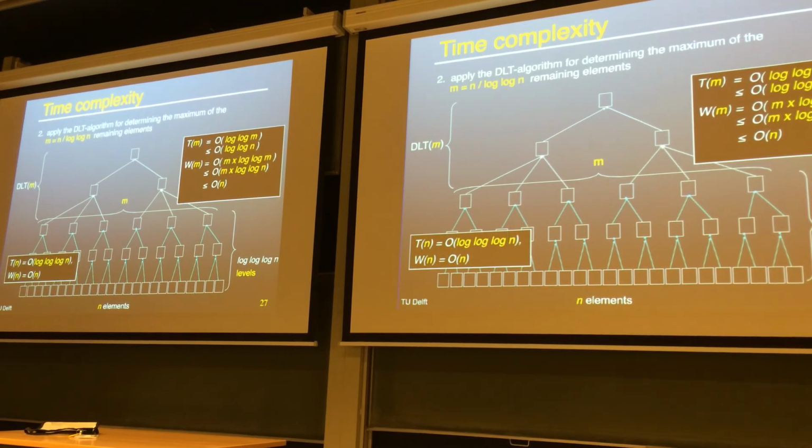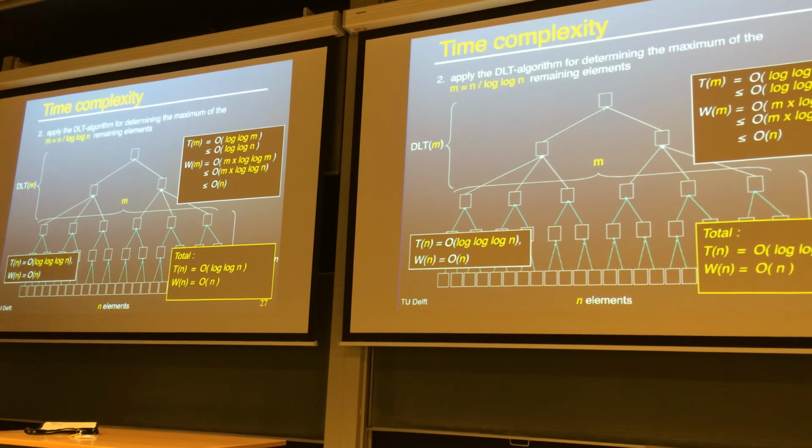So, here the basic algorithm now is clear. What we have found here is an amount of time that is log n plus log log n, that's O of log n, and the amount of work is O of n. Here is also O of n, so the total amount of work is O of n.